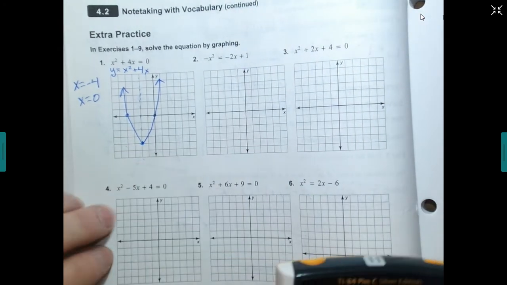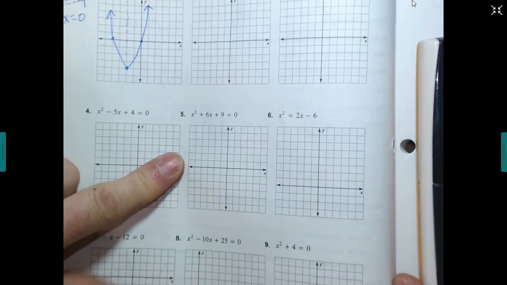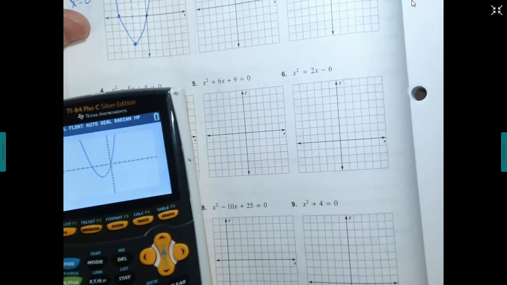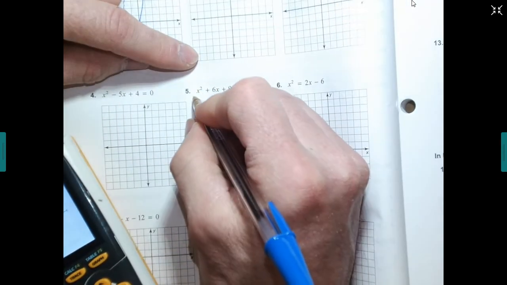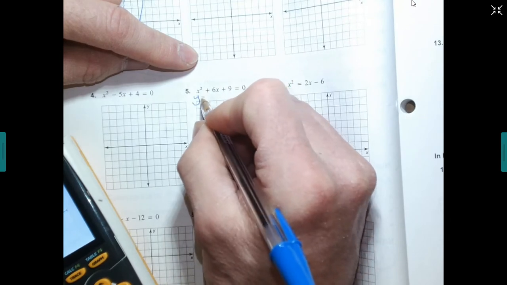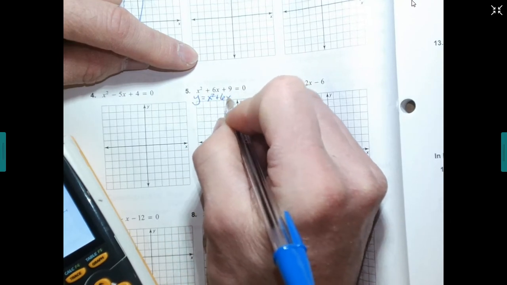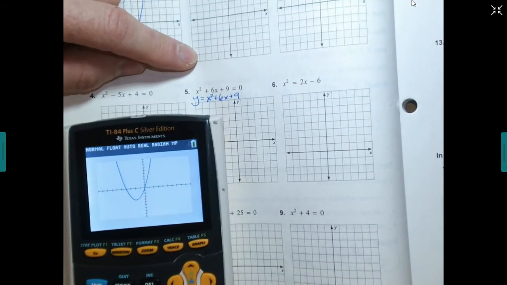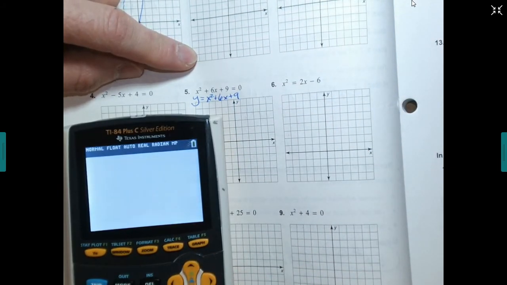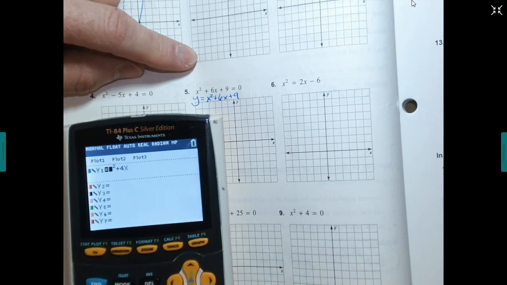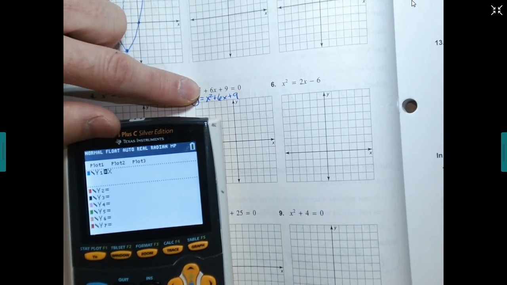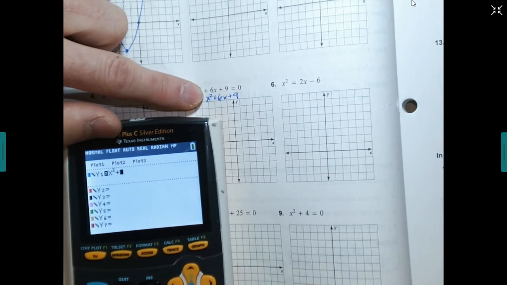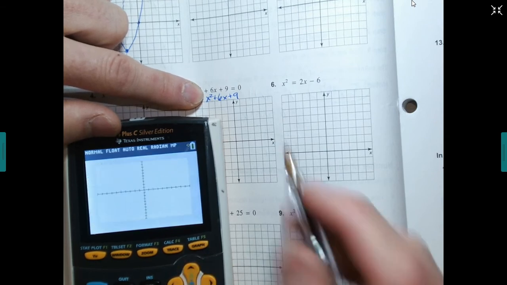All right, let's do one more. These are pretty easy. I don't say that often, but using the calculator, pretty straightforward. So first step, write it in a function, y equals x squared plus 6x plus 9. Second step, clear your graph out, clear your y values out, and then let's put this in. x squared plus 6x plus 9, and then we'll graph it.